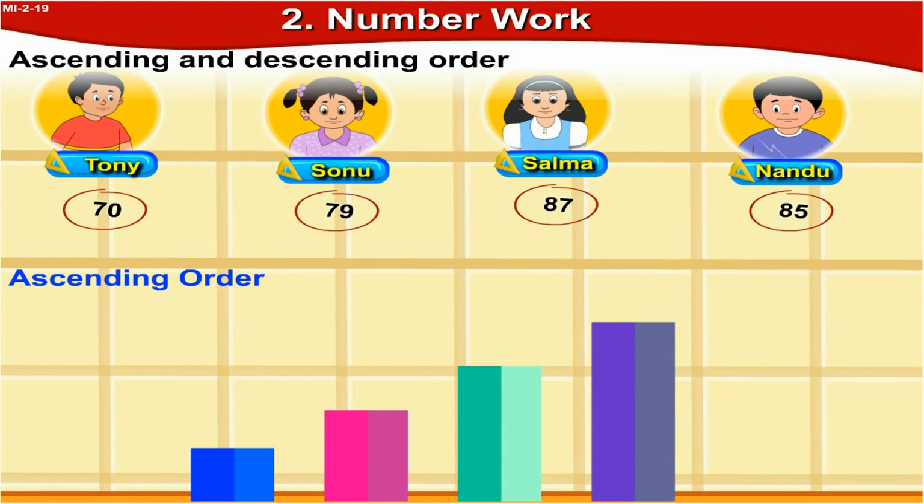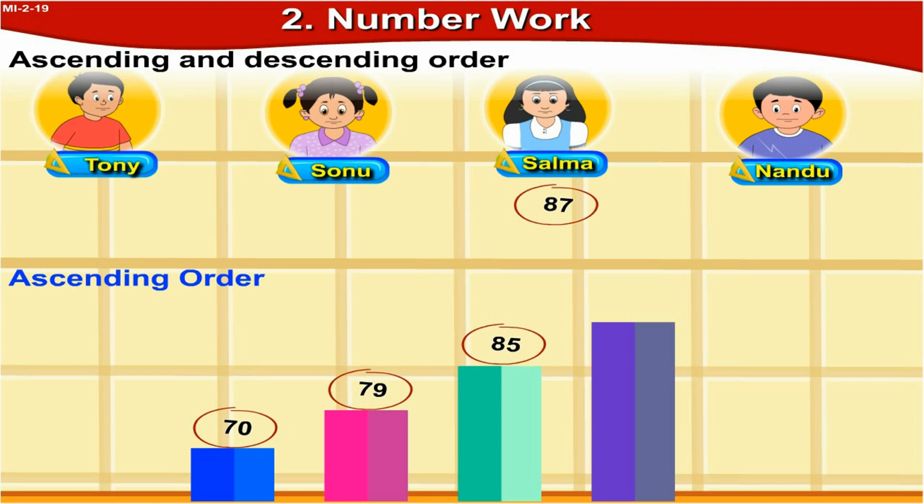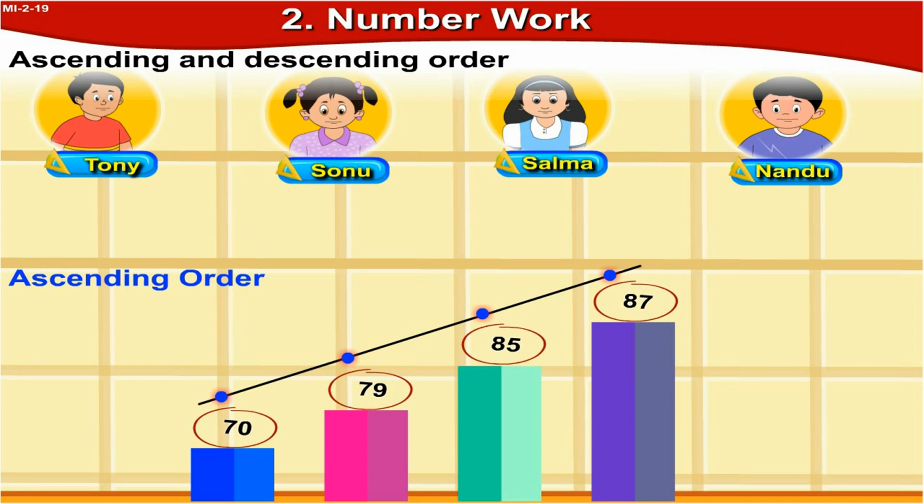You know that we've got to write the smallest first, that is 70. Then, a little bigger, that is 79, then even bigger, that is 85, and the biggest number, that is 87. So the ascending order would be 70, 79, 85, 87.